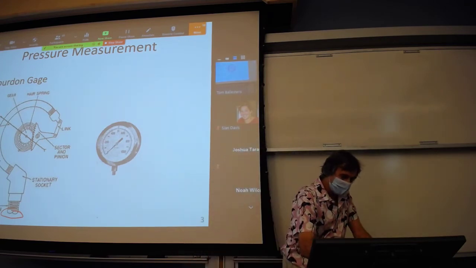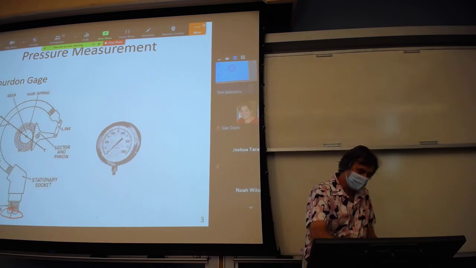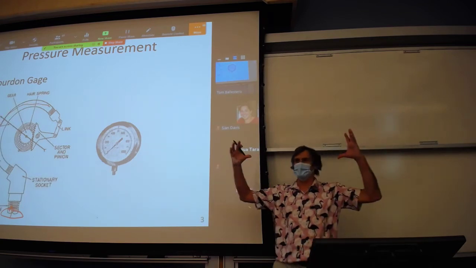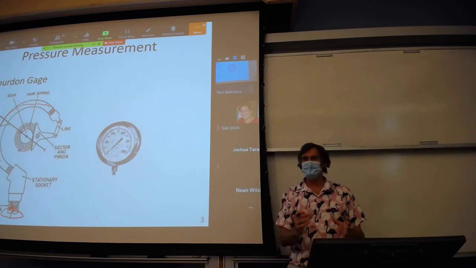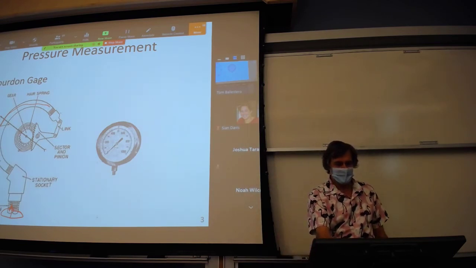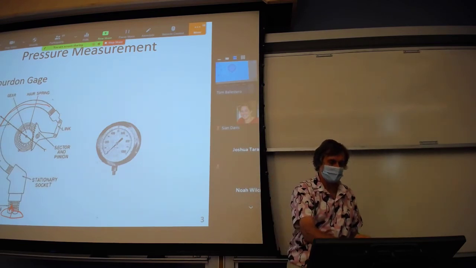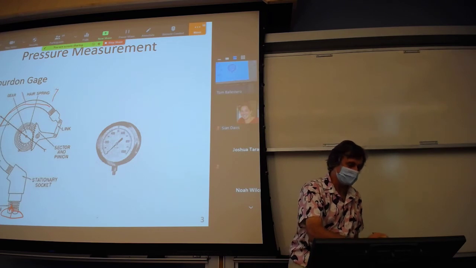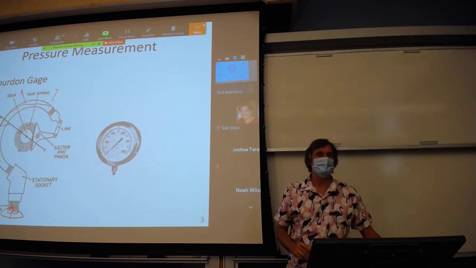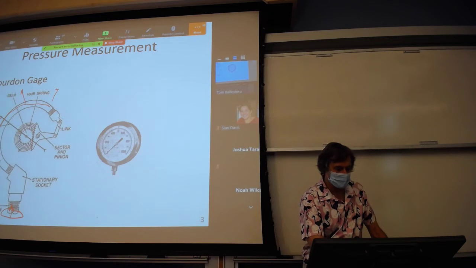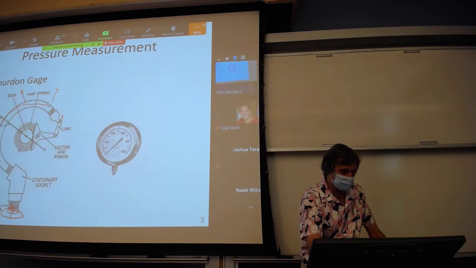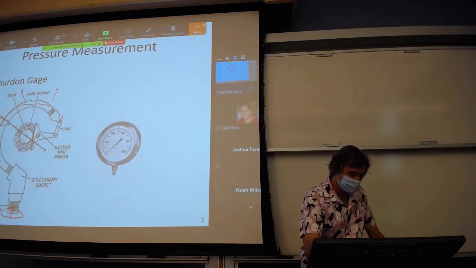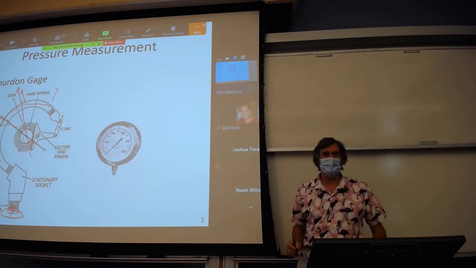And as the pressure increases, due to the stress-strain relationships of the solid material, let's say you increase the pressure, then that would make this question mark expand, right? And by expanding, what it would do is pull this that way. That would push this that way. And on the gears, that would make the needle here go to a larger pressure reading.